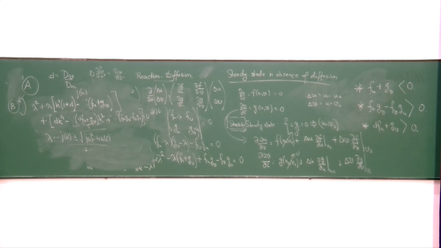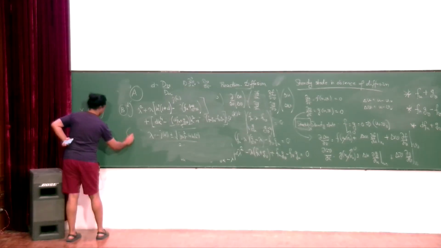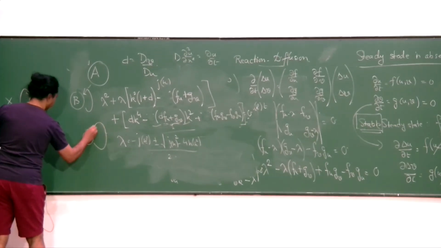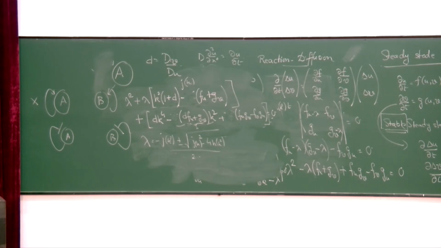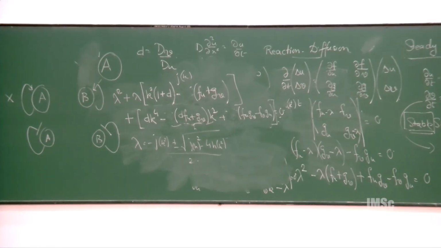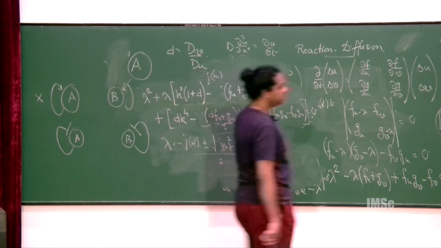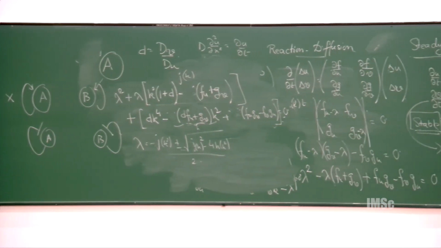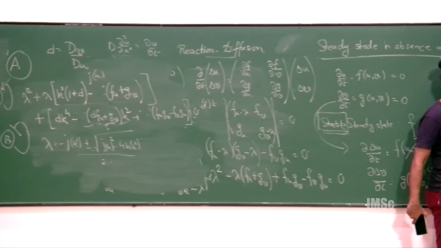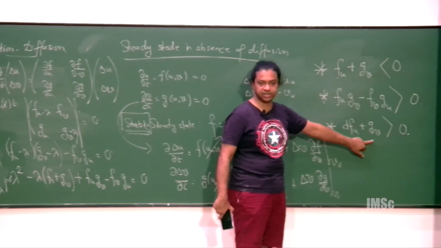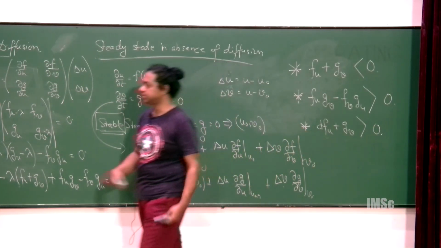For example, could I have A and B, both of them auto-repressing, auto-inhibiting? Is this allowed? It satisfies the condition that fu plus gv is less than 0, but it will not satisfy the condition that d fu plus gv is greater than 0. So this is also not allowed.